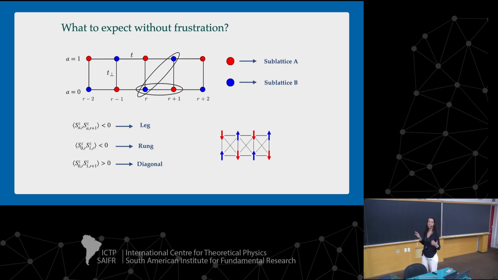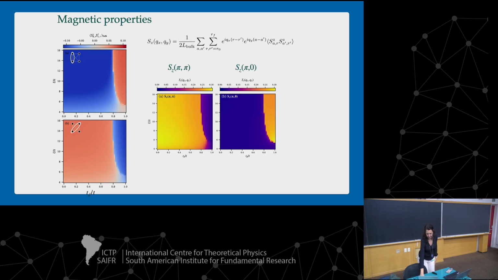When we have no diagonal hopping, we expect this antiferromagnetic phase to show up. So in one rung, we have up and down, and in the other rung, we have the opposite. And we have an antiferromagnetic state.